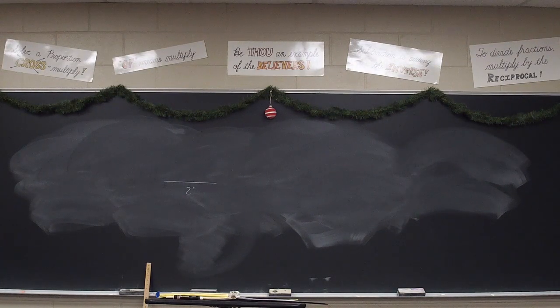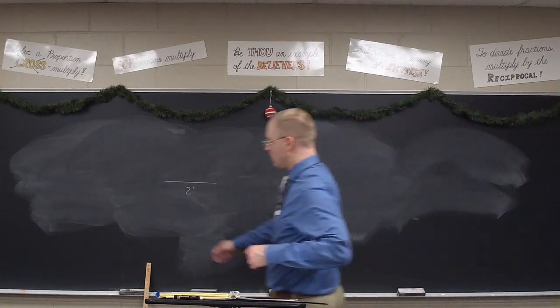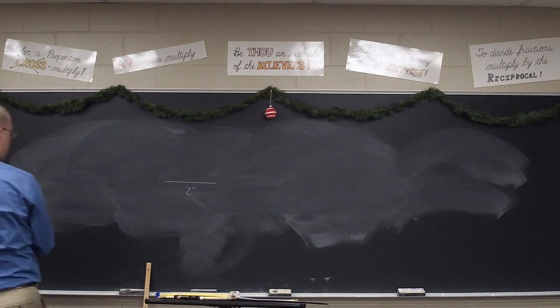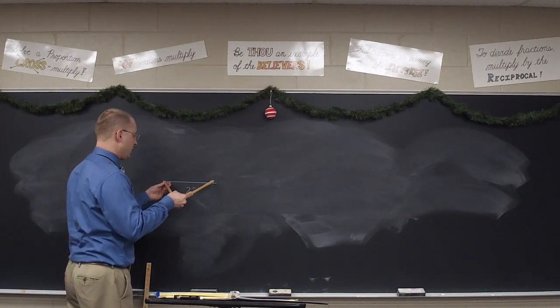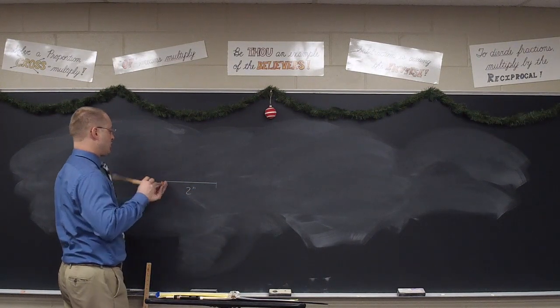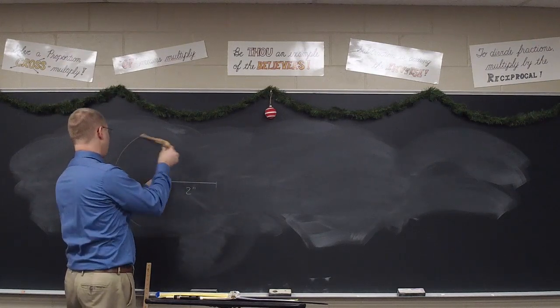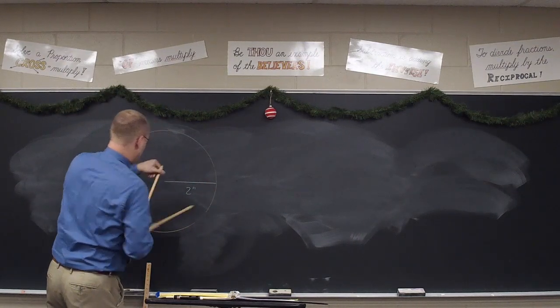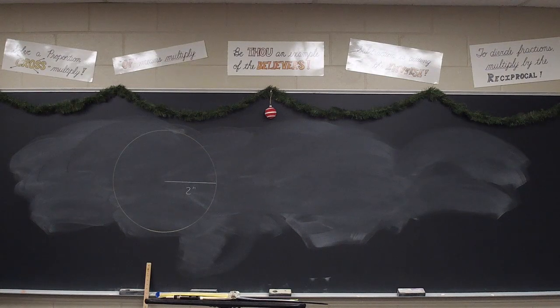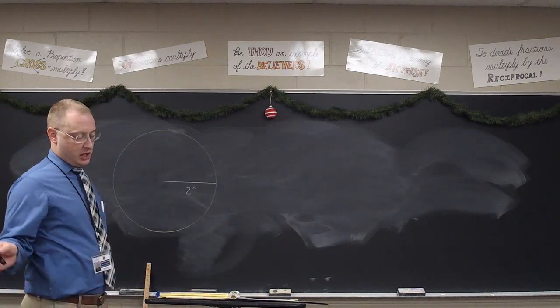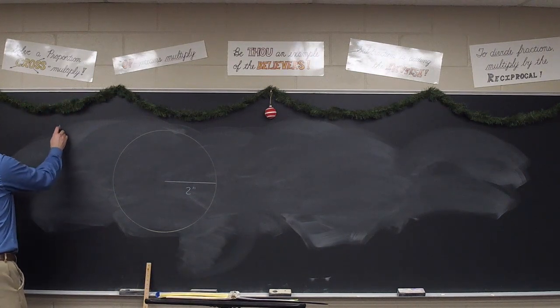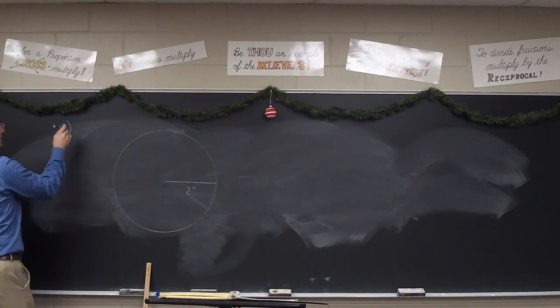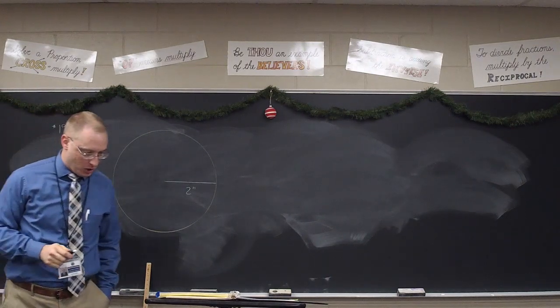All right, so measure your 2-inch radius. Once you've got it measured, might as well just go ahead and keep the circle right here. Draw your circle so that it has a 2-inch radius. If you look beside your desk there, number 19, they want you to construct 3 central angles in your circle.